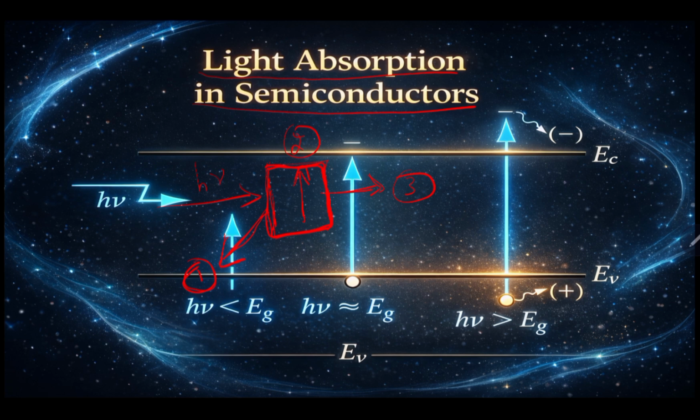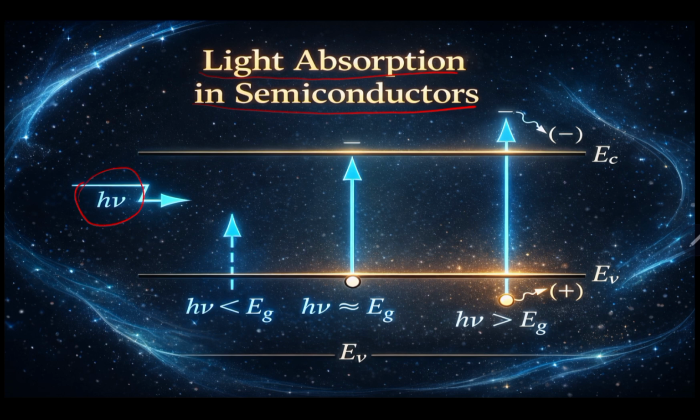Now we will see under what condition absorption will take place and under what condition transmission of the light will take place. We'll discuss that based on the energy of the incident light and the band gap of the semiconductor.